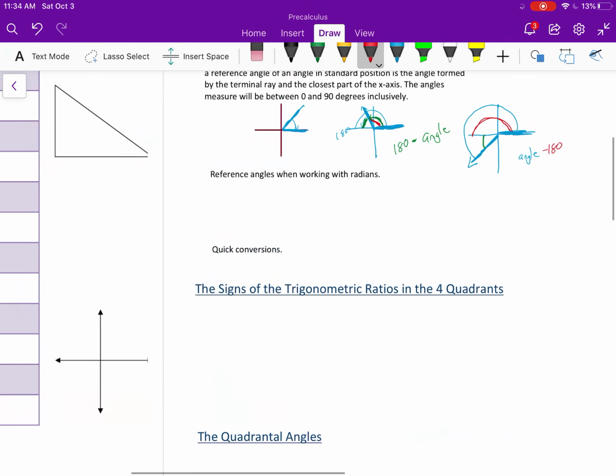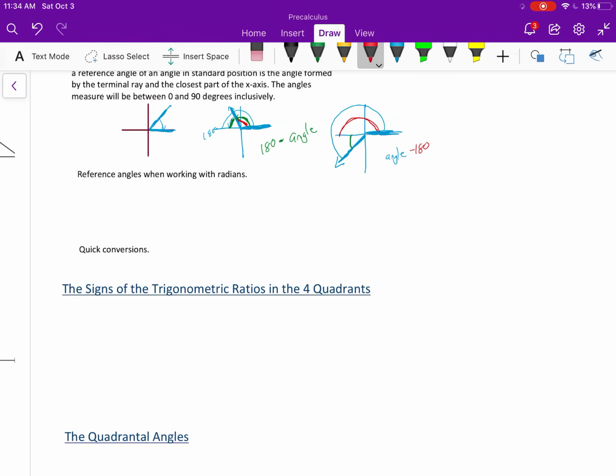And then for our fourth quadrant, here's the beginning ray, and then the terminal ray is going to be in the fourth quadrant. Well, the closest part of the x-axis is actually the positive part of the x-axis again.